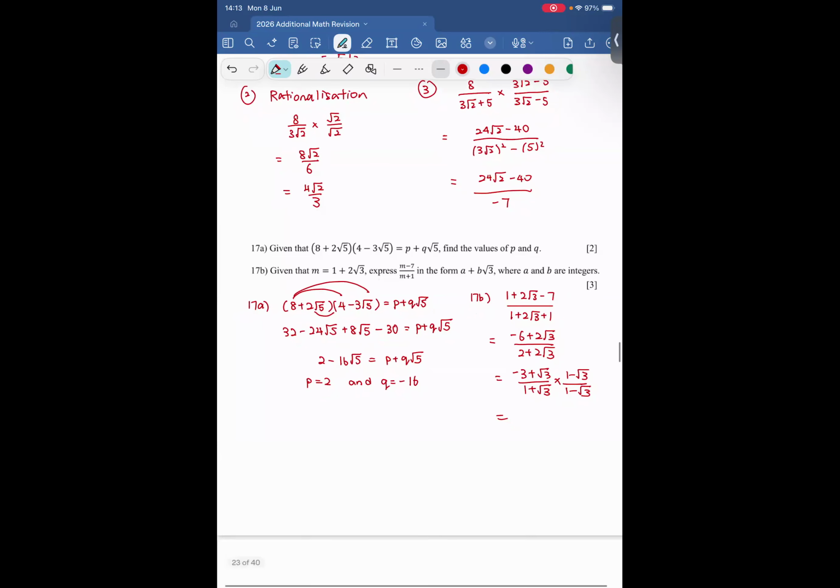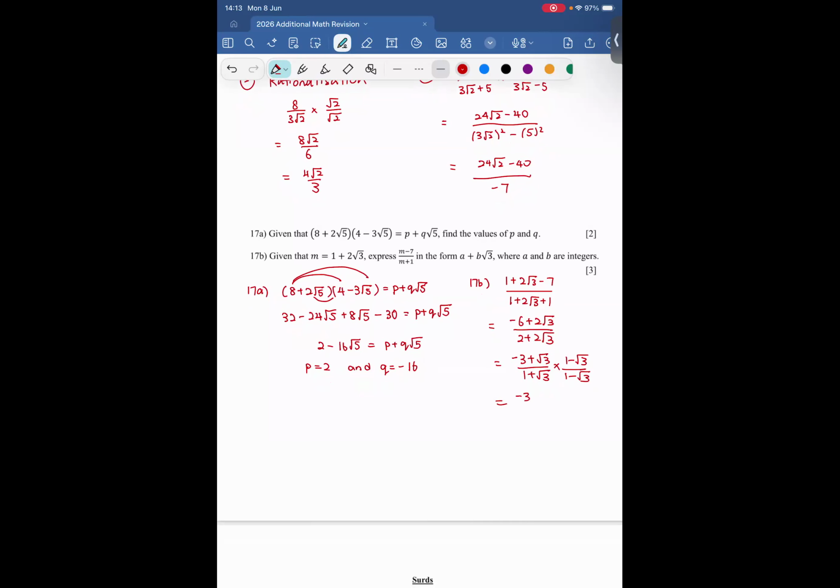Okay, so we rationalize, you get negative 3 plus 3 square root 3 plus square root 3 minus 3 over 1 minus 3. You get minus 6 plus 4 square root 3 over negative 2. You divide, you get 3 minus 2 square root 3. Okay, how to check your answer correct or not?